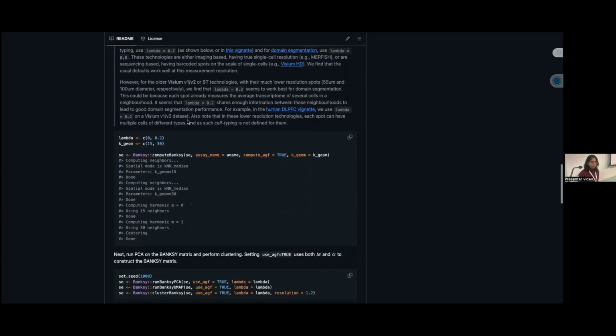And then what is important is this here, the lambda and the k-geom. So the lambda is basically telling the Gabor filter, how much should I look for the domain? How big a domain should I look for? All right. And this is a fine balance. You might think that, oh, if it's a tissue microarray, I can use 0.2. It actually doesn't work that way, right?